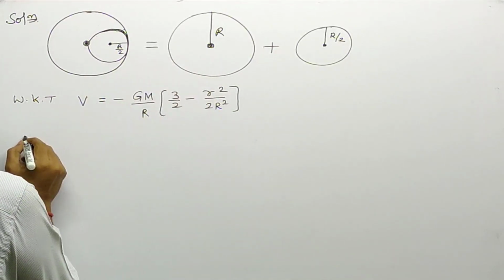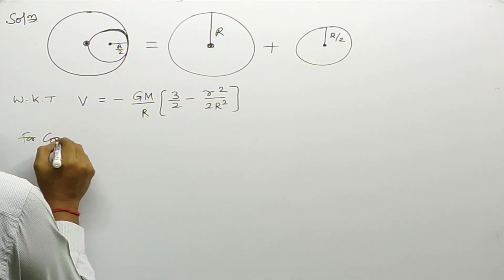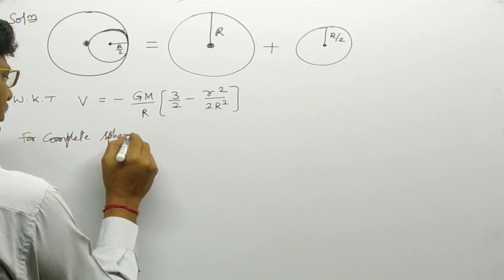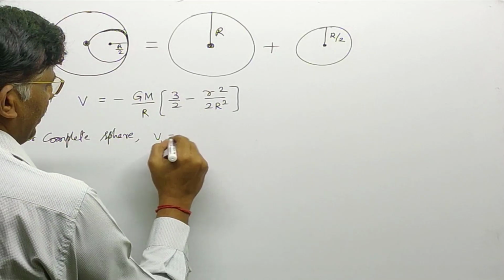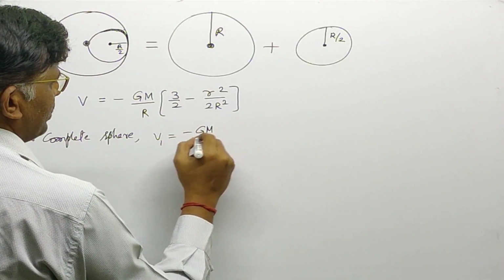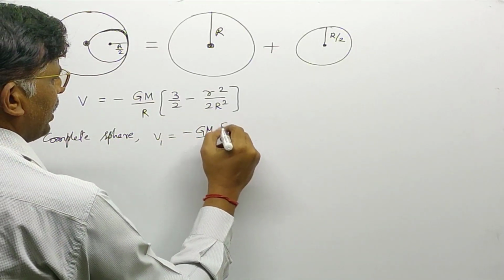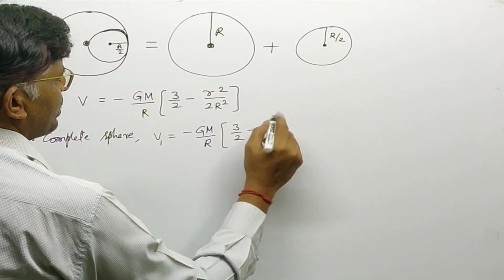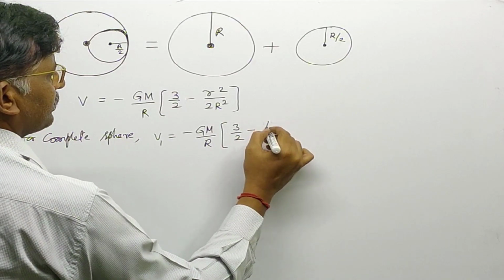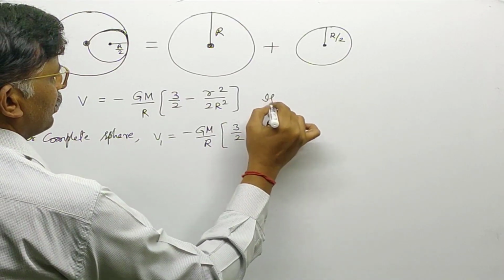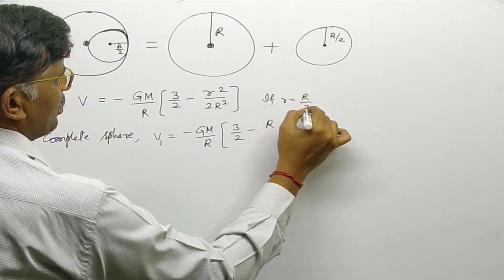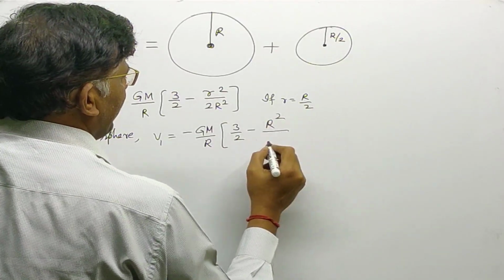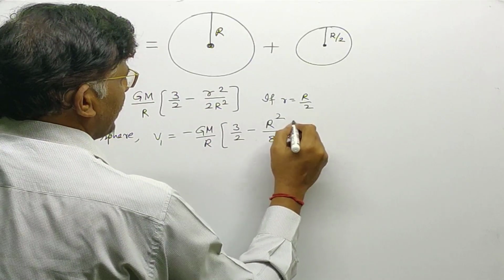Now for the complete sphere, V1 is equal to minus GM by R into 3/2 minus, here r is equal to R/2, r square divided by 8 R square.